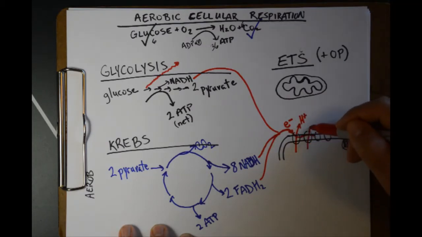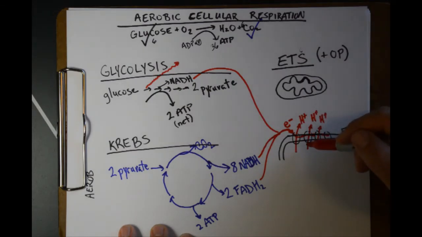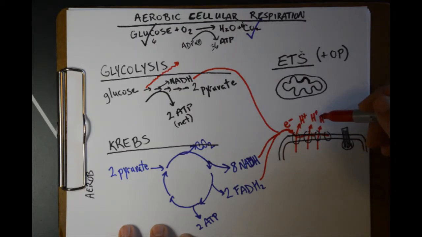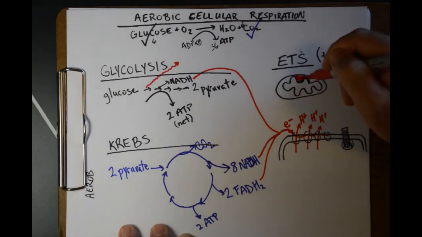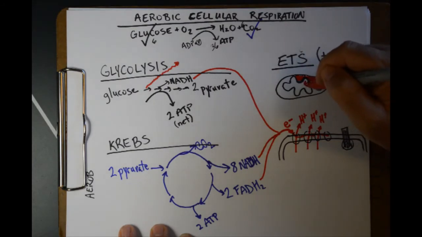Go through this one, and more flow across. And now I'm essentially done. And so all I've gotten is a bunch of hydrogen ions on the other side of a membrane, which if you remember back to our membrane transport, I said that is stored energy because all those hydrogen ions are trapped in here and they want back in.